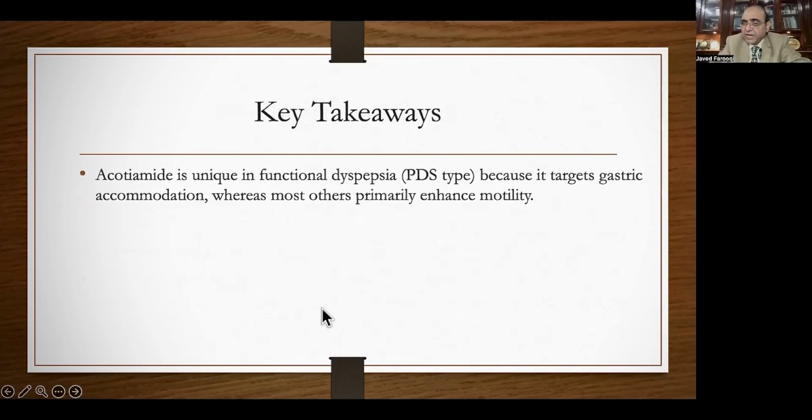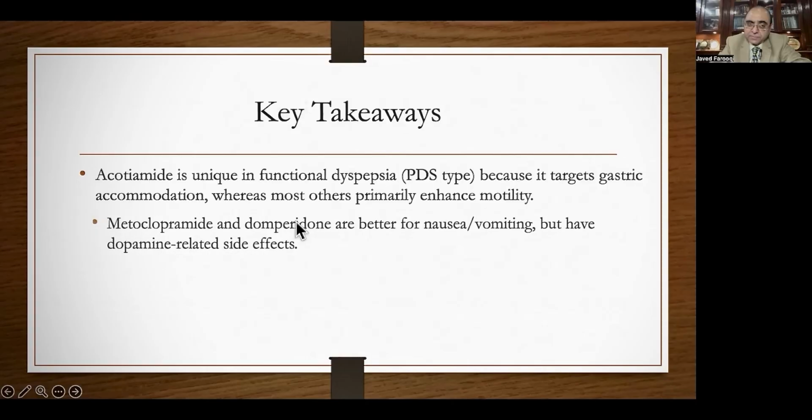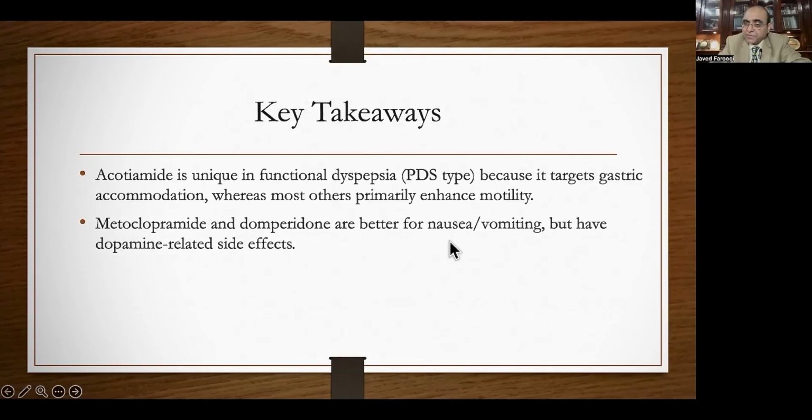So the key takeaways from today's discussion: Acotiamide is unique in functional dyspepsia because it targets gastric accommodation, whereas most others primarily enhance motility. Then metoclopramide and domperidone are better for nausea and vomiting, but have dopamine-related side effects.